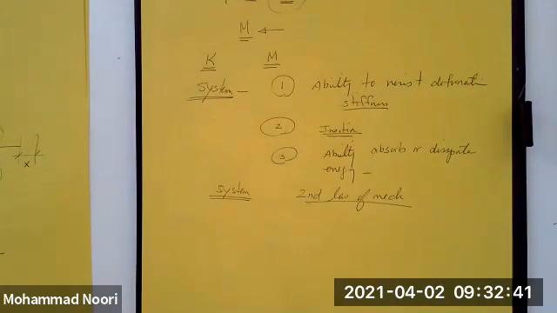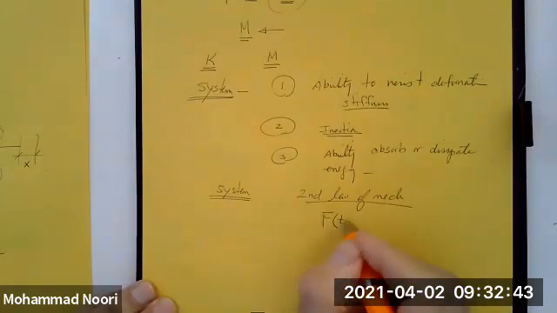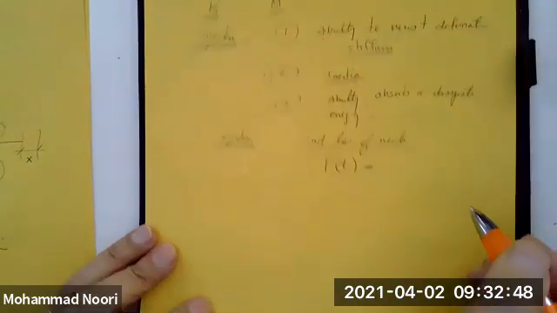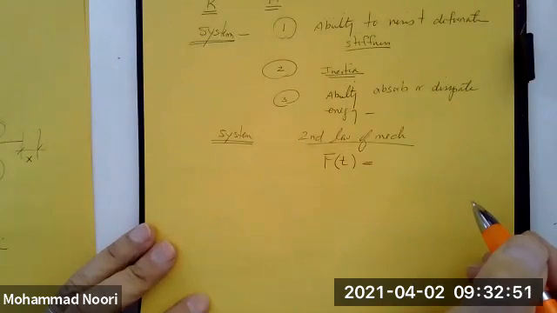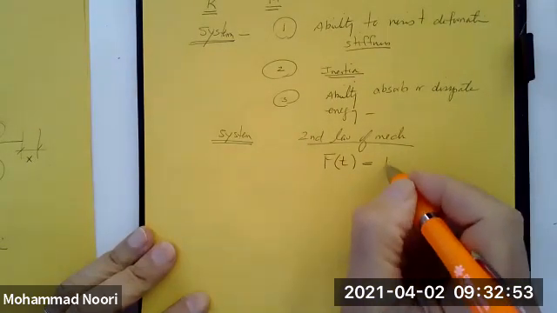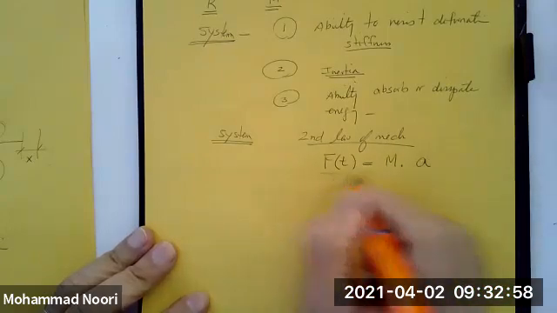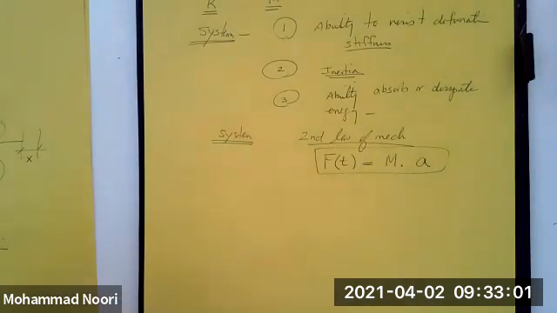What is the second law of mechanics? The second law of mechanics tells us that the sum of all the applied, time-dependent loads on a system is related to the product of the inertia and the acceleration in a system. This is the law of engineering mechanics that would be the governing law used to study the behavior of our system.